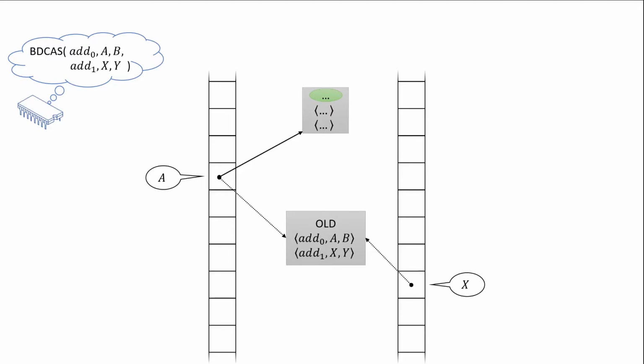So if our BDCAS does not fail prematurely, then at some point the interpreted value of the left side array entry is A, and at some point the right side array entry is X. We will now perform a CAS operation trying to attach our descriptor to the left side. That CAS operation may fail because some other process may have already attached its own descriptor instead.